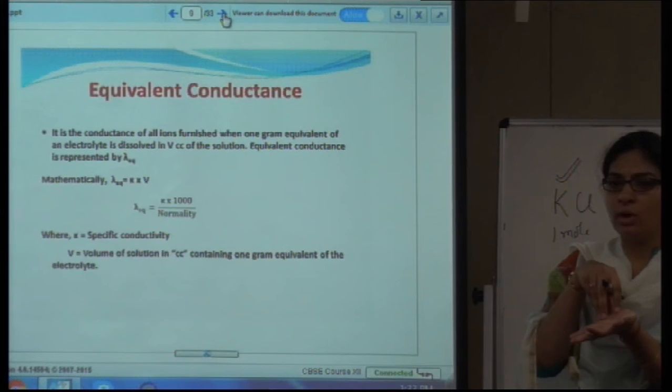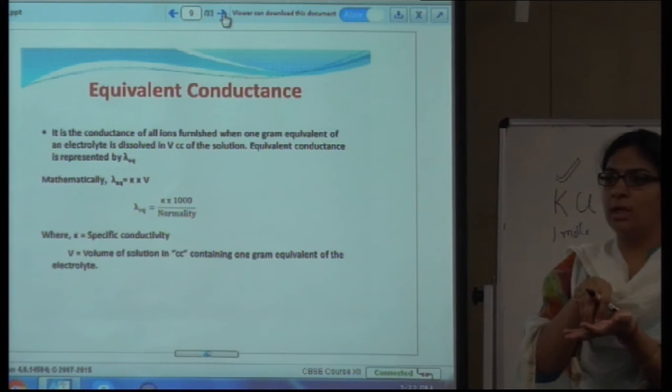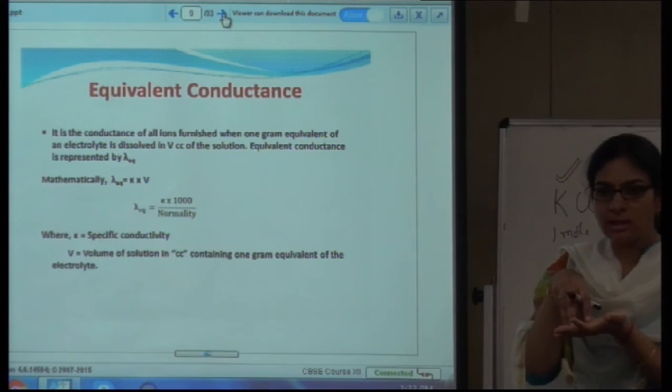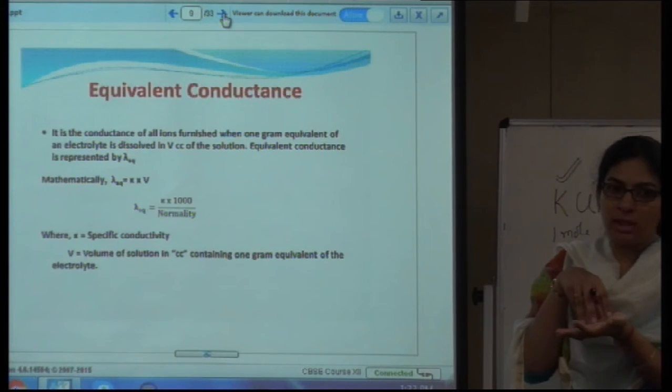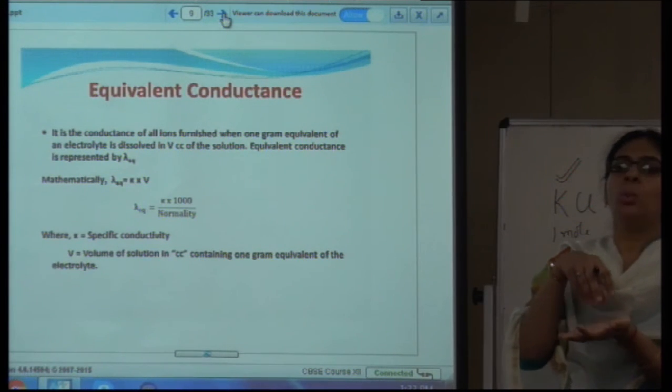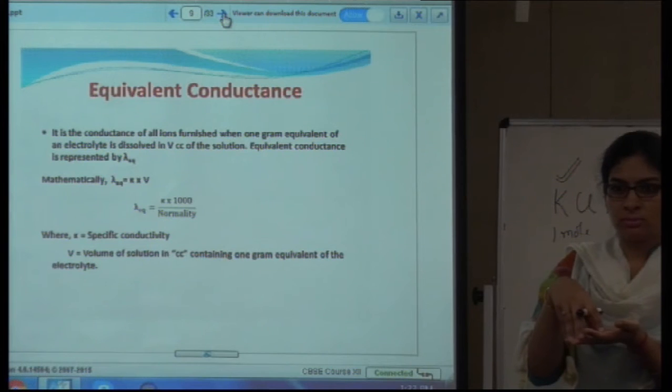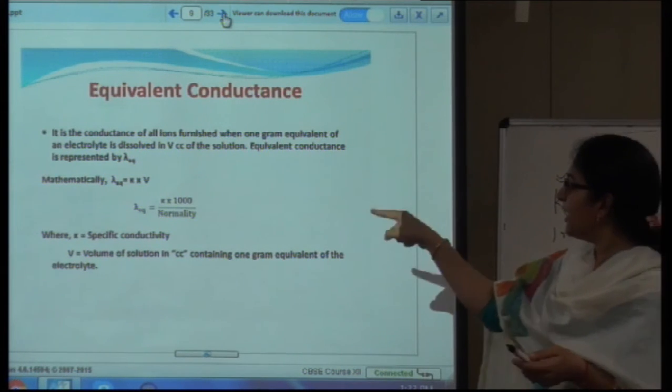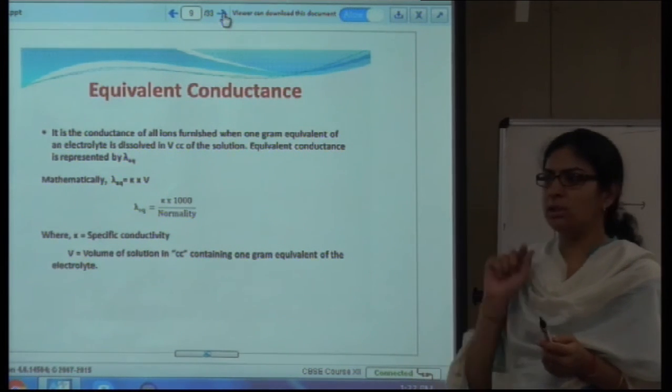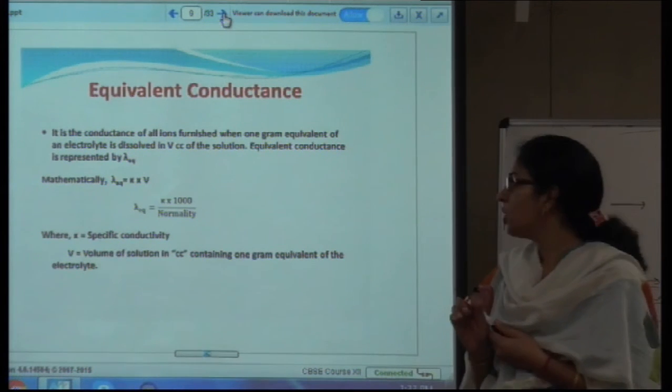When you decide the quantity and take 1 gram equivalent, you will call it equivalent conductance of V liters of solution, right? So that is why per liter is there, and the factor 1000 comes in the numerator.